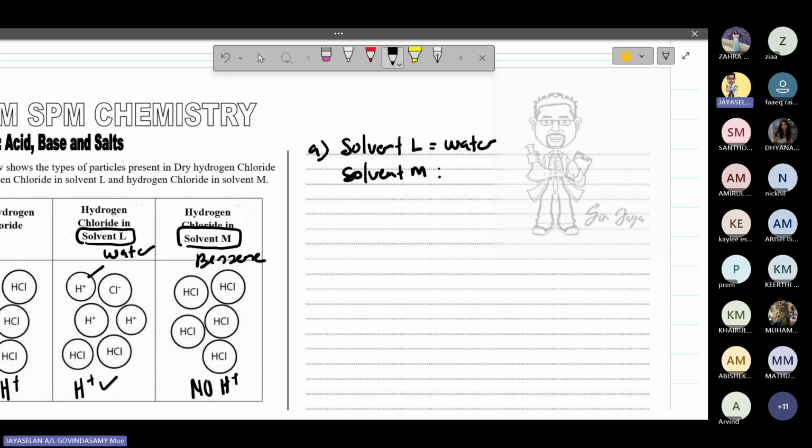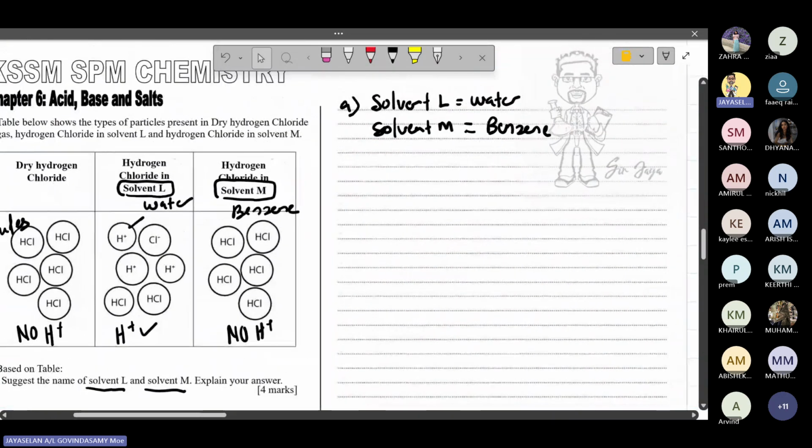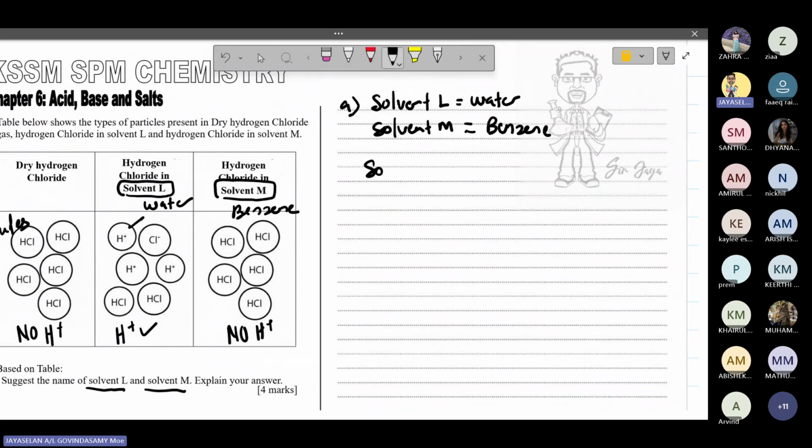Well done. Okay, nanti kita buat. Okay, so solvent M, they put what? They put benzene solvent. So you already scored 2 marks lah. Okay, next one. Explain your answer. Okay, so I explain why. Okay, so I put here solvent L is water.